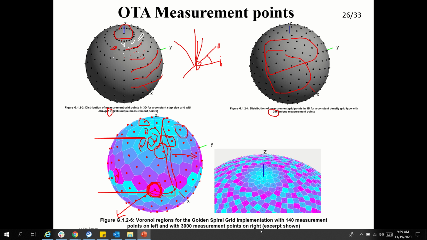You can see there is a very good explanation given here: 140 measurement points on the left, with 3 measurements on the right. You have to measure so many points in order to get accurate results.